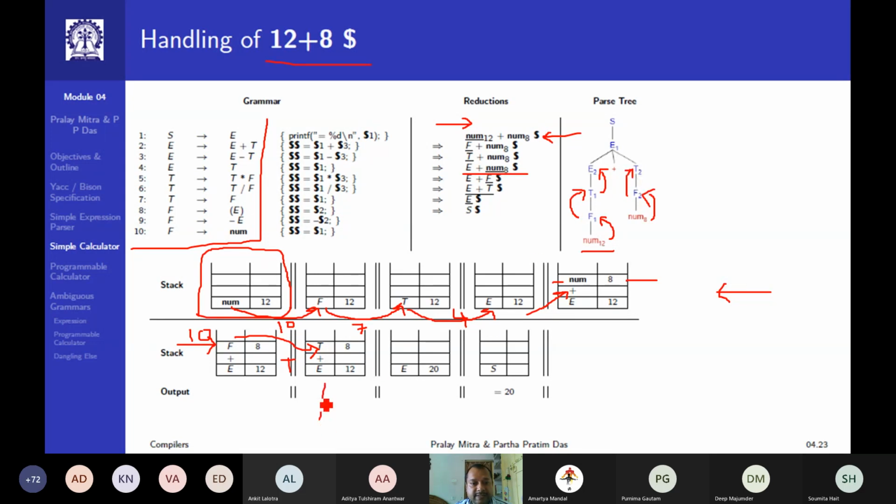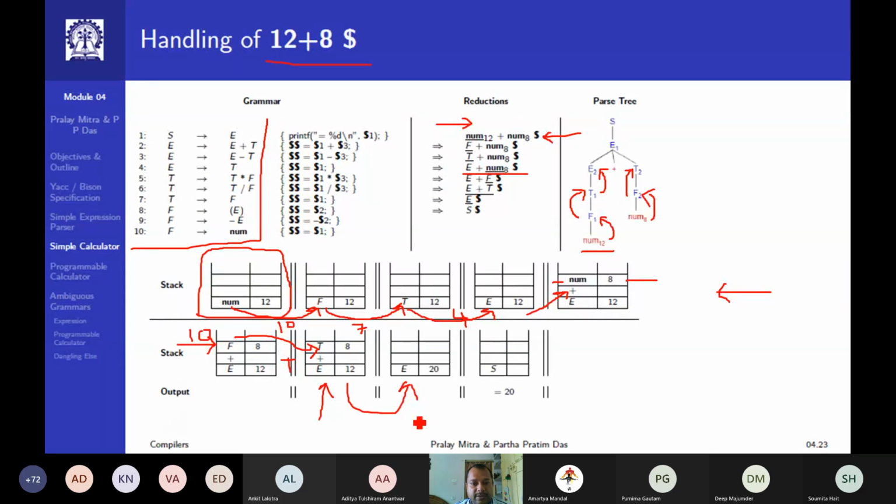Now you see in this stack E plus T is there, and corresponding to it, the value stored in the attribute int val is 12, and for T it is stored 8. Now the production rule I need to use is 2.